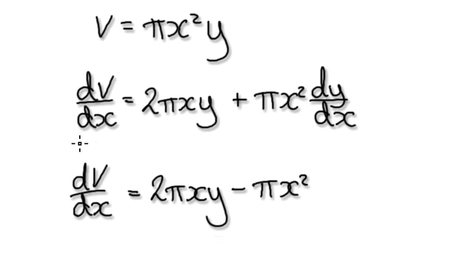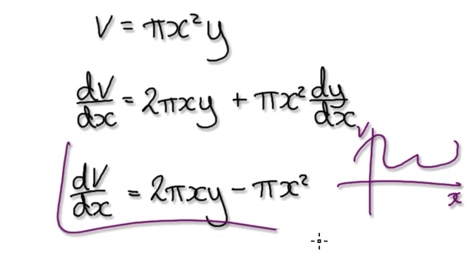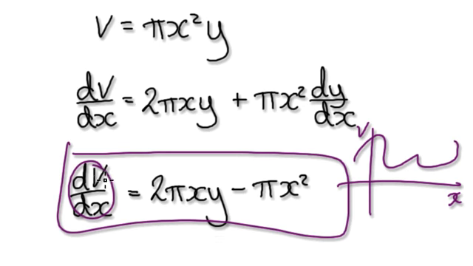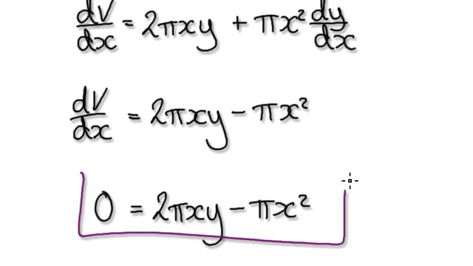This is like having a graph of volume versus x. I don't know what it looks like, but we want to know where the gradient will be 0 here. So we set this to be 0, and this will then become this.